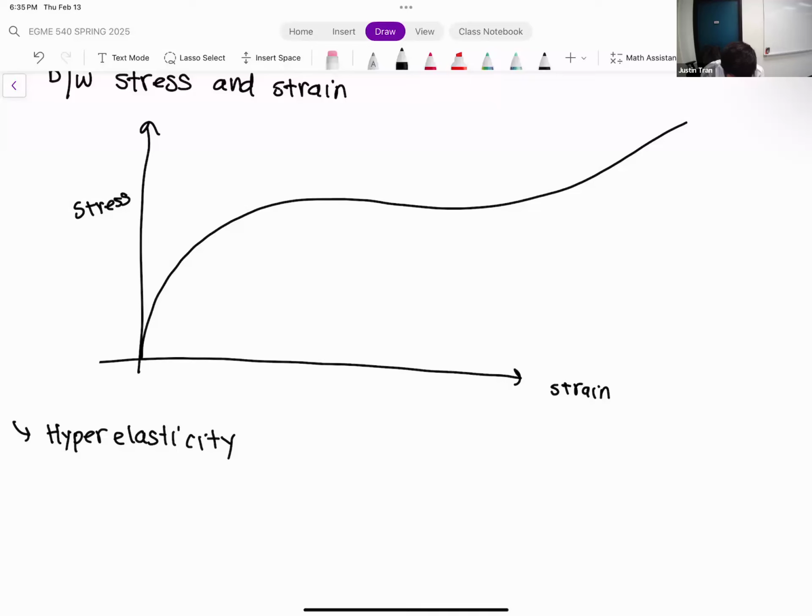The mathematics for hyperelasticity are actually quite different from what we understand as linear elasticity. The way a hyperelastic material model works is that it assumes there exists a potential function called a strain energy function.